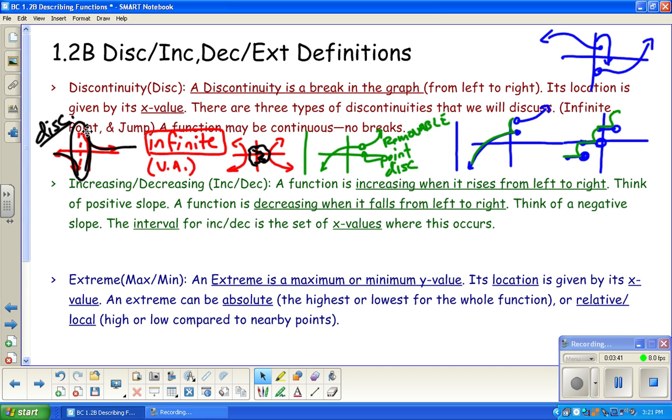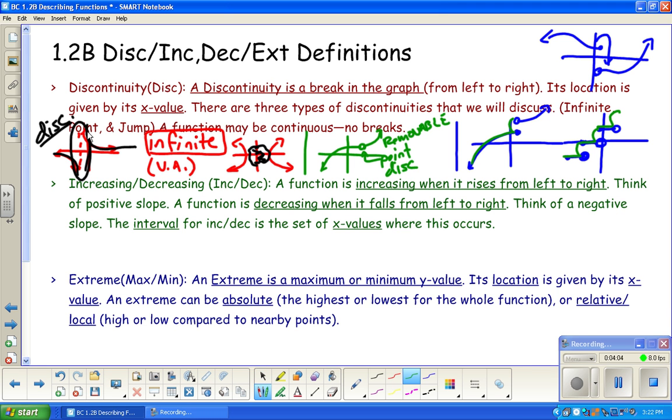Worth noting that when you have a horizontal asymptote, that is not considered a discontinuity because we're not talking about a break in the horizontal direction in the x and y direction. Also should note that when you state a discontinuity, typically you state the type, so infinite, point, or jump, and where it is located, so its x value.